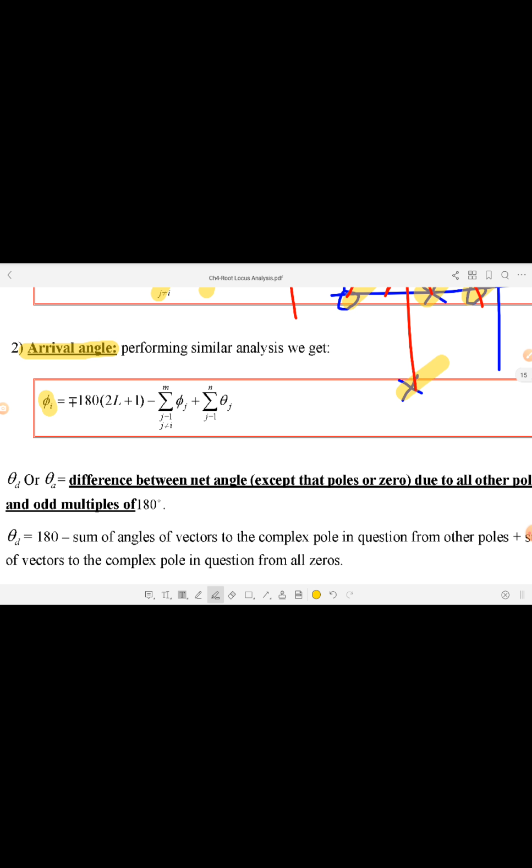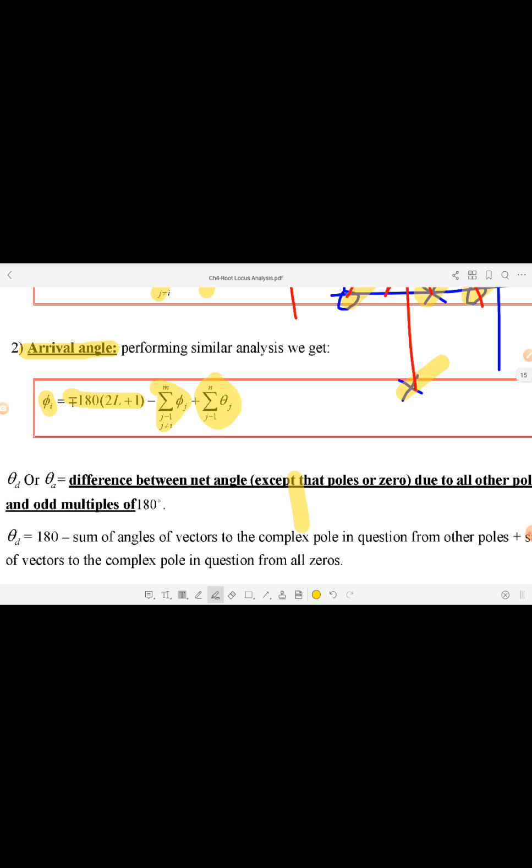Theta A will be the odd multiples of 180 minus all of the angles from other zeros plus all the angles from poles of GH.